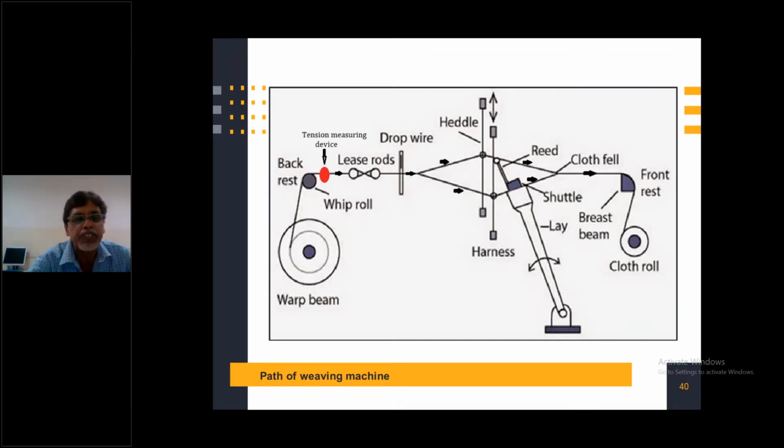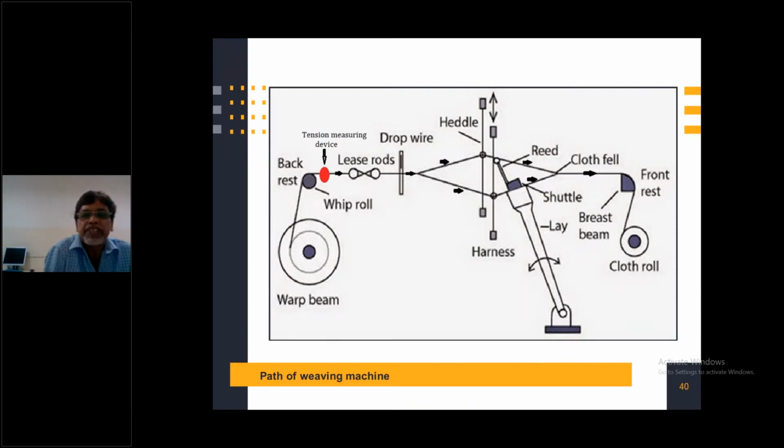So how to handle these machines? In order to handle this machine, you have to have very good knowledge of textile forces. These machines are good, but the moment you put the yarn on them, they start creating a lot of problems, whatever kind of machine you design.